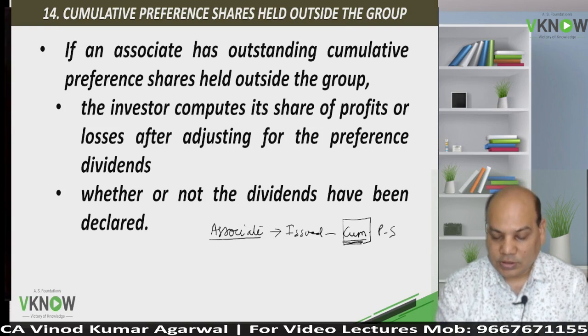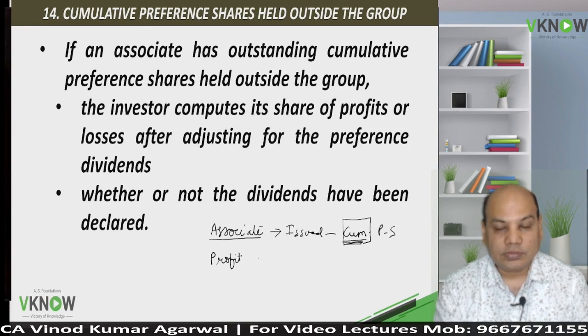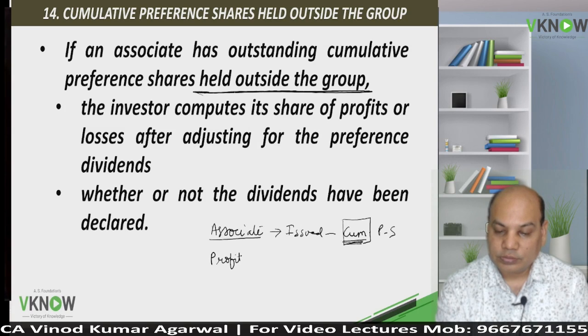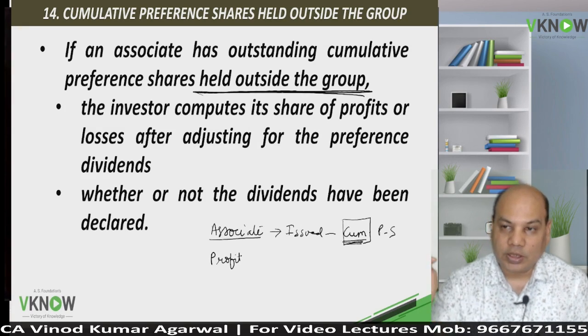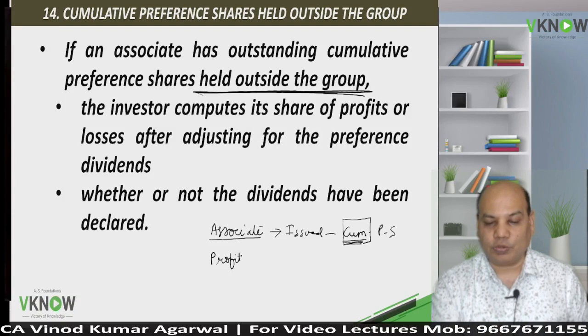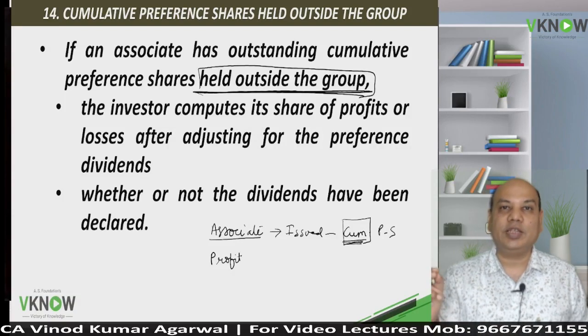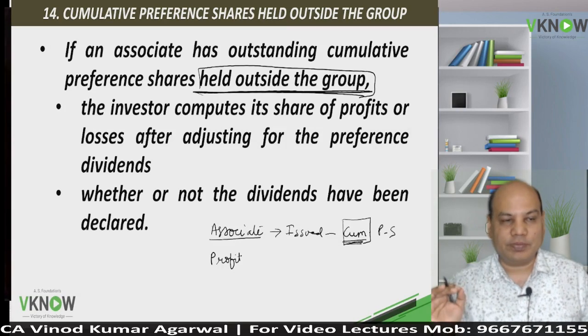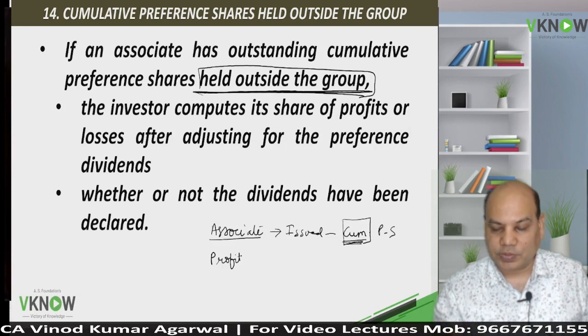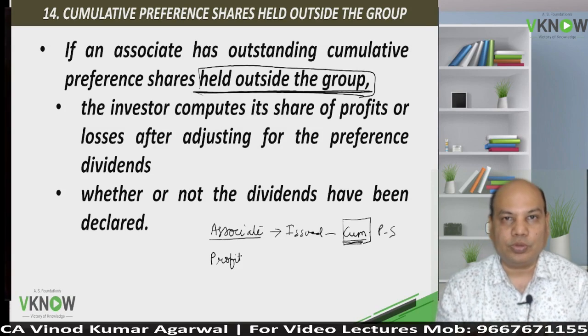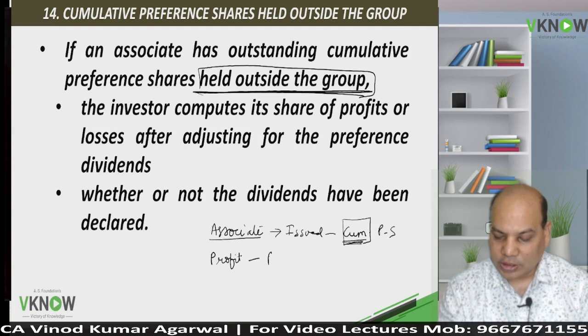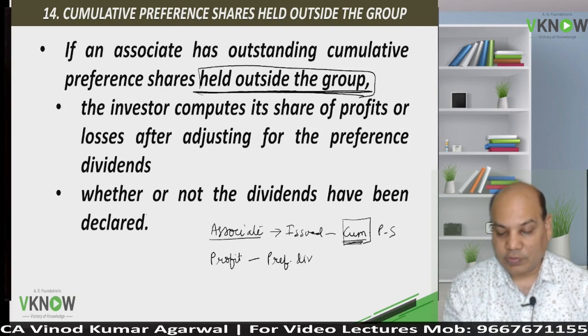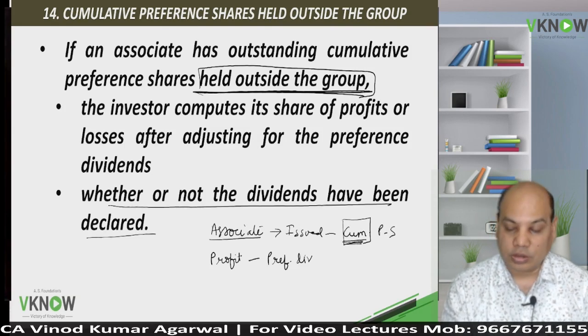So the standard says, if you have cumulative preference share issued by the associate held outside the group, means it is not held by the investor or its subsidiary, then we are going to compute our share in the profit of the associate after deducting preference dividend for that year, whether dividend have been declared or not.